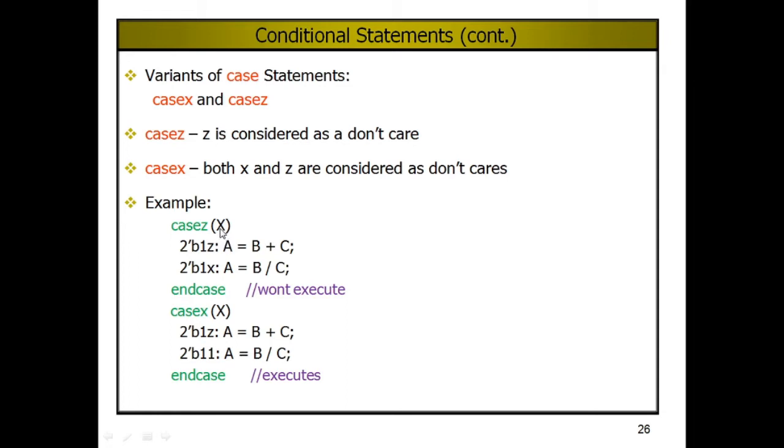So when this 2-bit register, this is case Z. In the alternatives, I have found Z. That means this first statement will be executed because it ignores Z. But coming to the second one, it found X in its alternative, so the code will never be executed. And coming to case X, it will ignore if in the alternatives I have X or Z, I will execute the program code. That is what it is conveying.